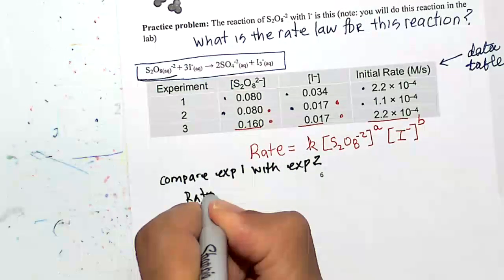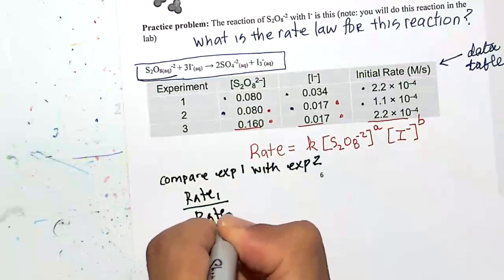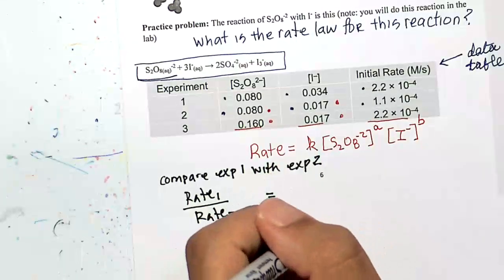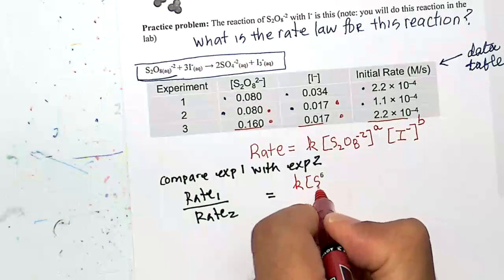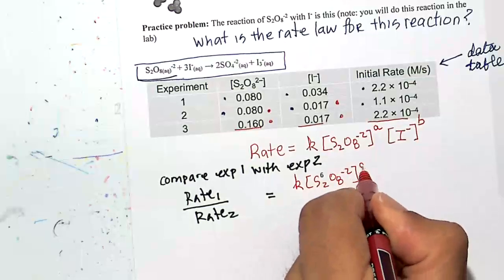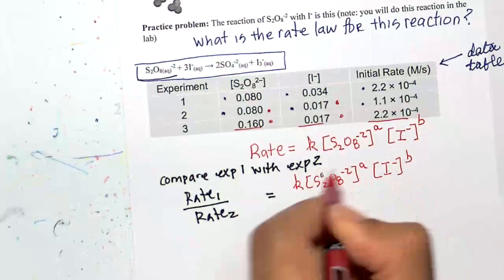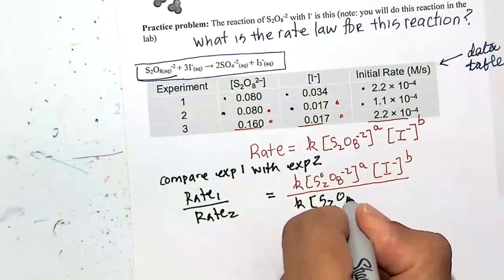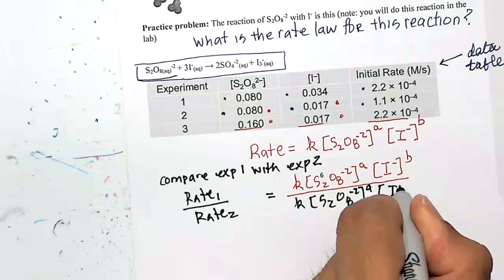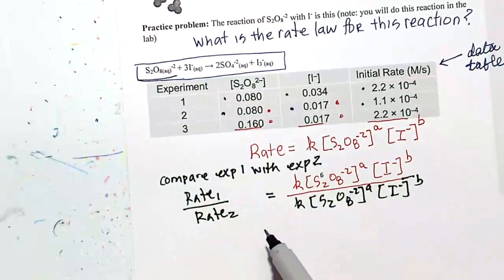So that means rate 1 over rate 2 is going to equal K times S2O8 minus 2 raised to the A times I minus raised to the B. Okay, so in the numerator we're going to have experiment 1 values, and in the denominator we'll have experiment 2 values, just going by this equation.